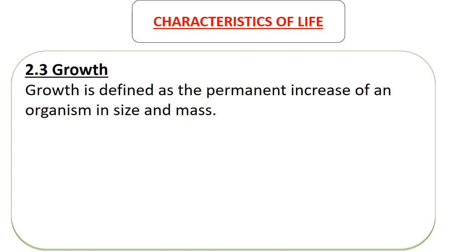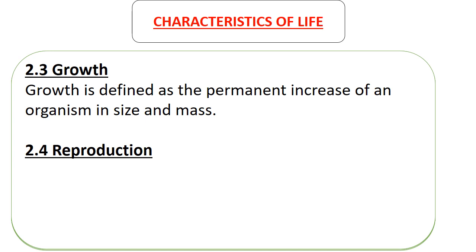It does not possess growth. So, a living thing must increase in size and mass permanently. The key word here is permanently, because there are some non-living things that might appear to grow, but it's never permanent. But for a living thing, it has to be permanent.